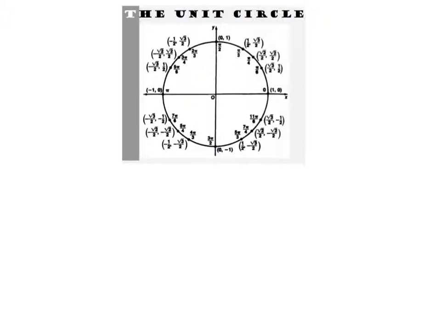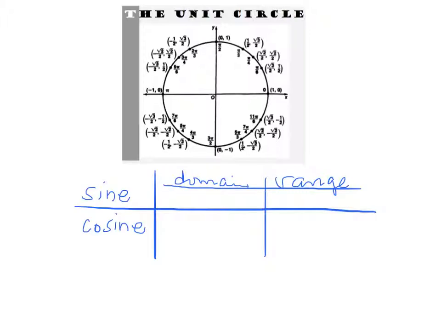So let me just try to write that down in a quick little table. So here's basically what we've said. For both sine and cosine, the domain is all real numbers. And again, for both sine and cosine, the range is going to be all values from minus 1 to 1, including minus 1 and 1.